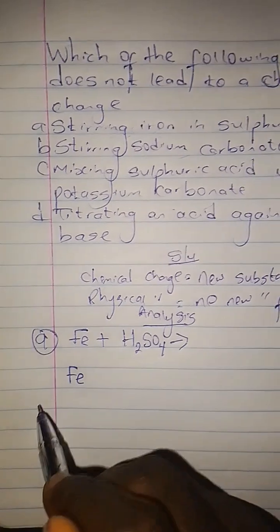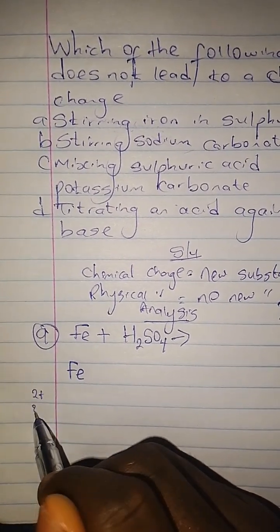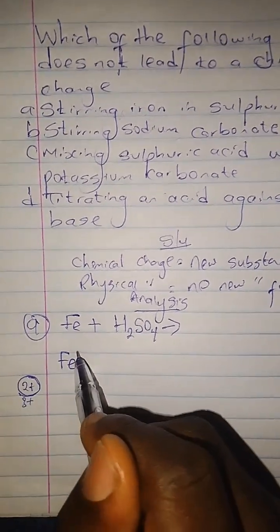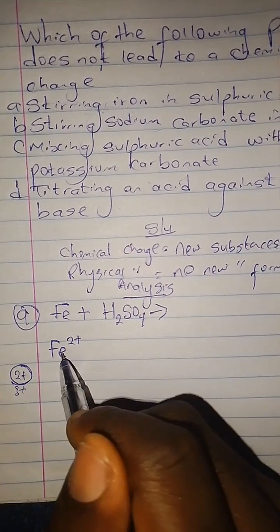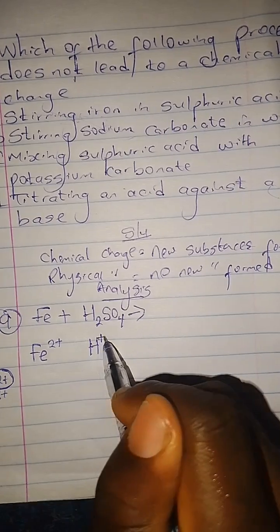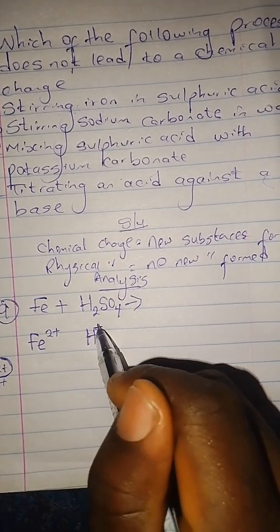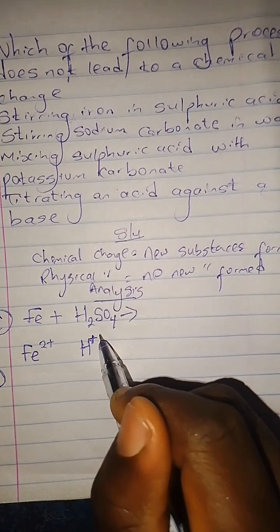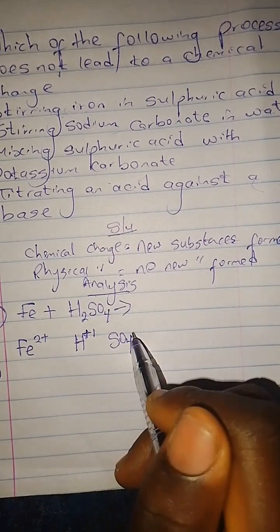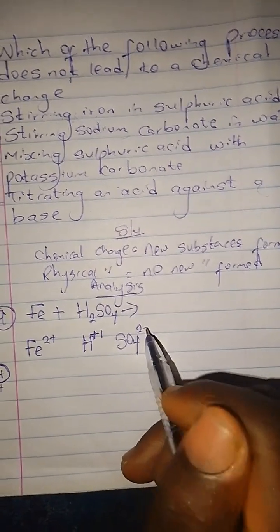Iron has a 2 plus ion and a 3 plus ion, but for this video lesson we are going to focus on the 2 plus ion. So iron has 2 plus, hydrogen has a positive ion, which is +1, and SO4 has 2 minus ion.